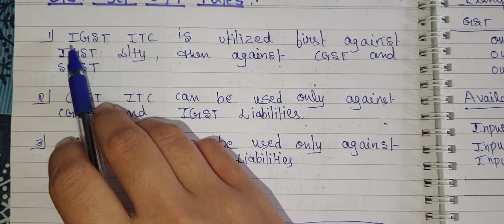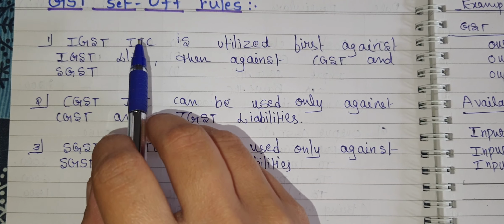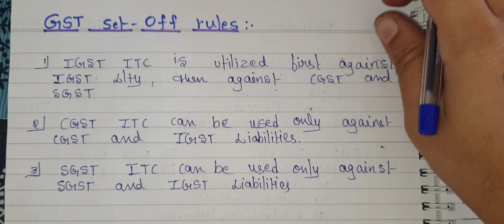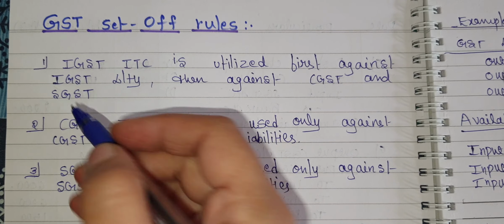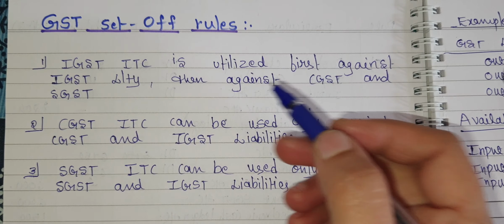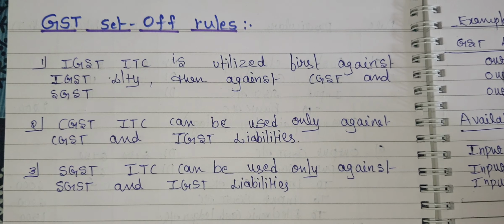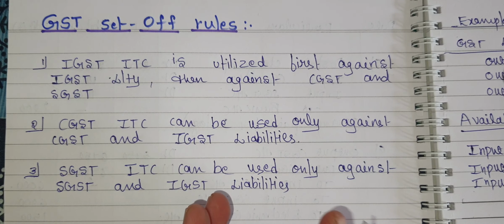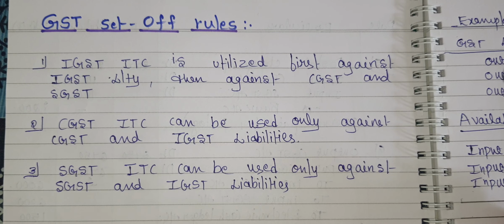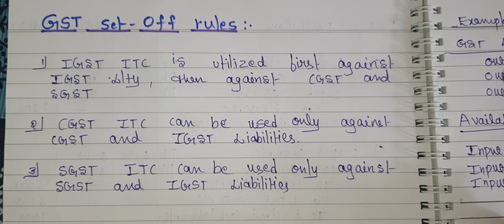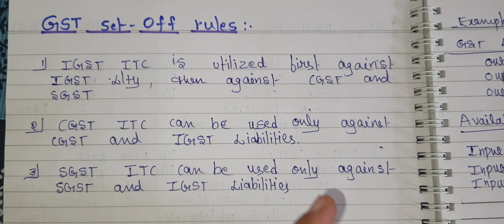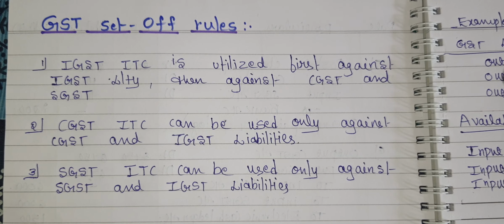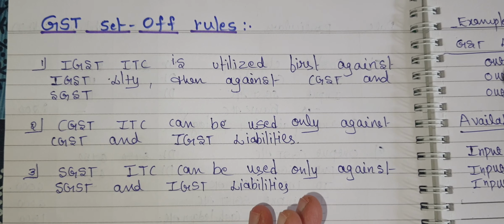In the first one, IGST input tax credit is utilized first against IGST liability, and then against CGST and SGST. So IGST input tax credit we need to utilize first against IGST liability only. After that we utilize the remaining IGST input tax credit against CGST and SGST.